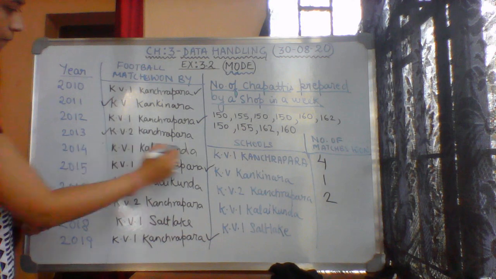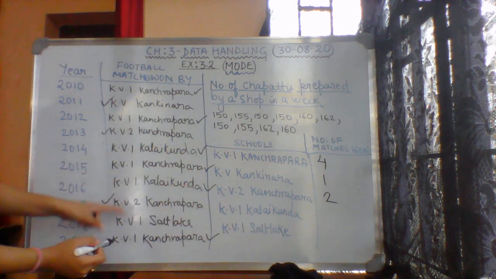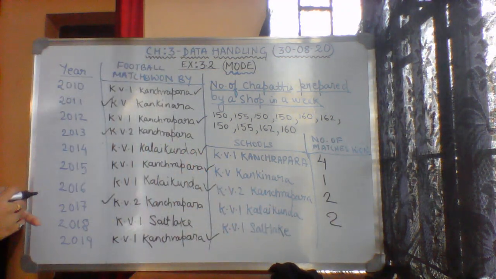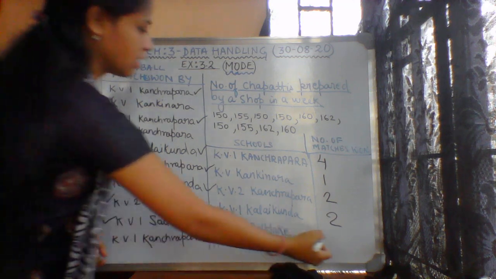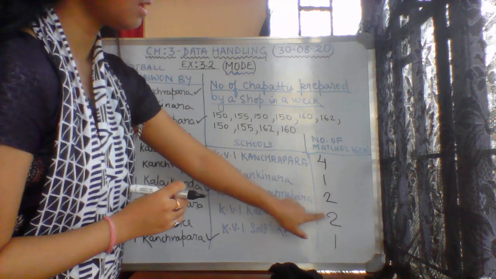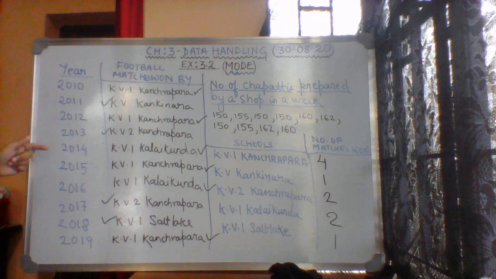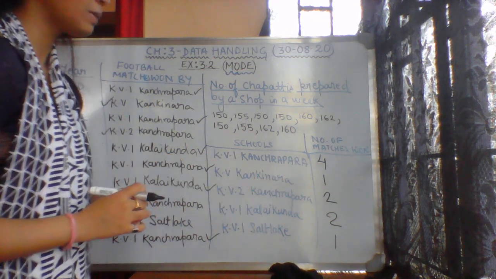This one 1, 2. Okay, this one also 2 matches won by that school. Now Salt Lake 1. Now you add up: 4 plus 1, 5, 6, 7, 8, 9, 10. So 10 years are there. 1, 2, 3, 4, 5, 6, 7, 8, 9, 10. Okay, so this way I have represented.